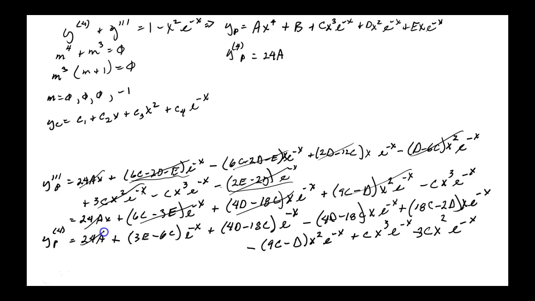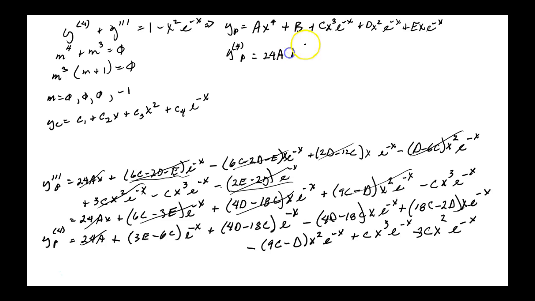Now, b minus 6c, that's the e to the x term, plus b minus 18c e to the x. Things that have just e to the minus x are those next two, so I'm going to put them back in order.